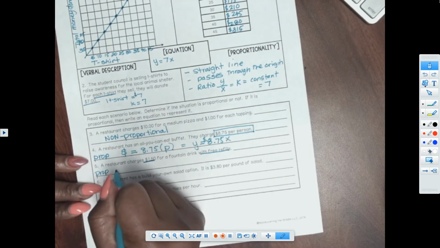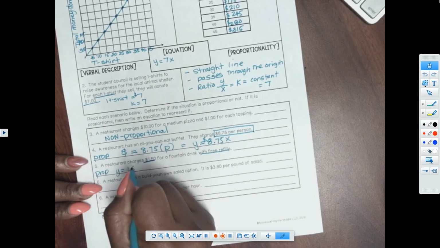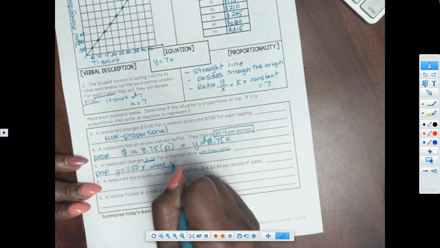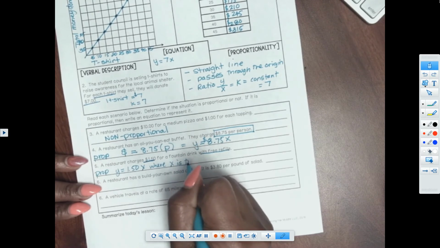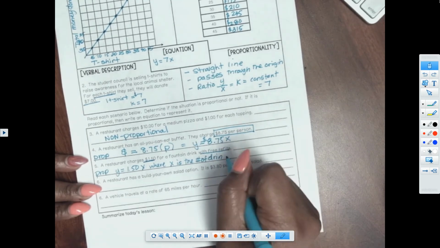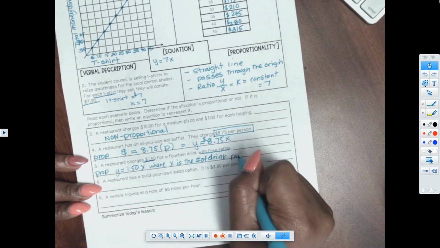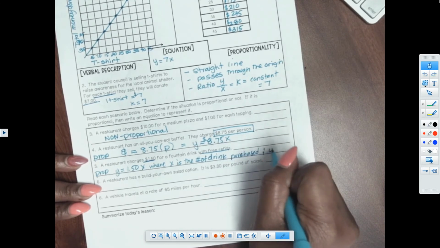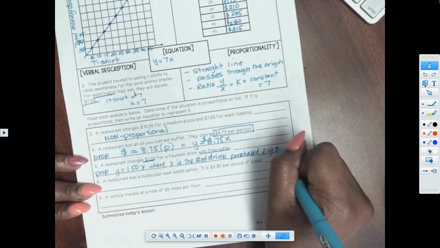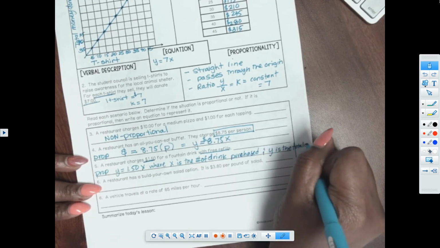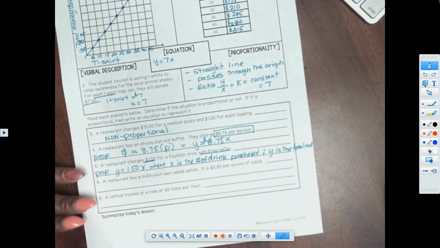It's Y equals $1.50 times X, where X is the number of drinks purchased, and Y is the total cost. Okay.